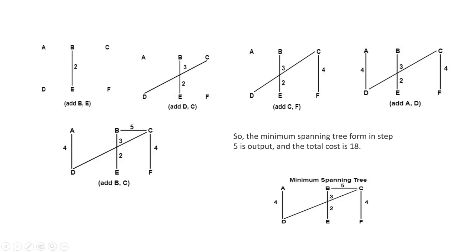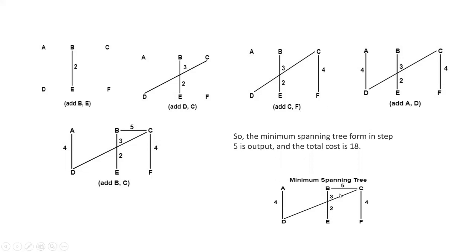The minimum spanning tree is formed in step 5, which is the output, along with the total cost. Why do we stop here? Because a spanning tree contains all the vertices of the graph without any circuit or cycle.